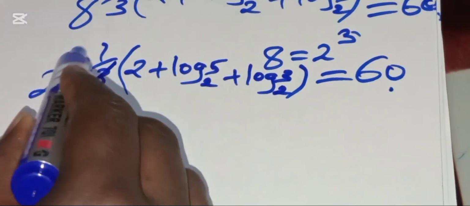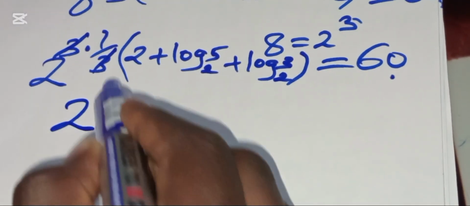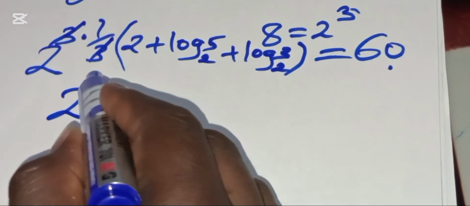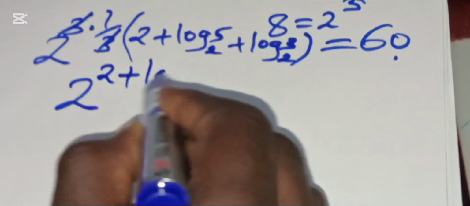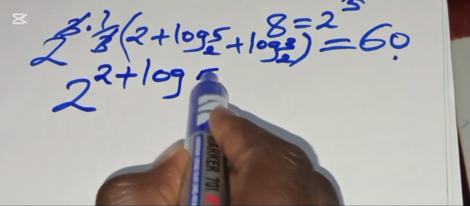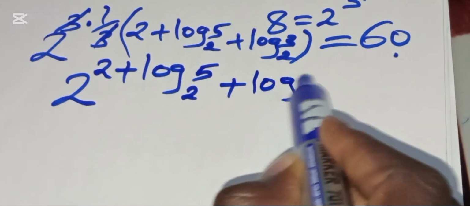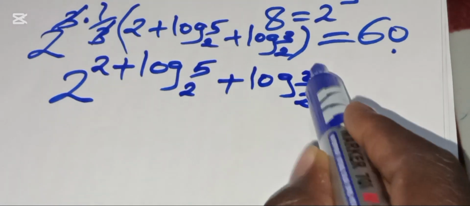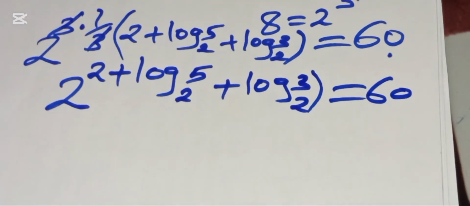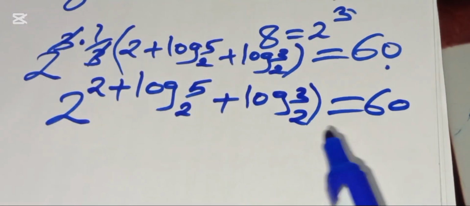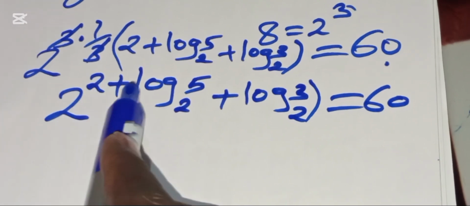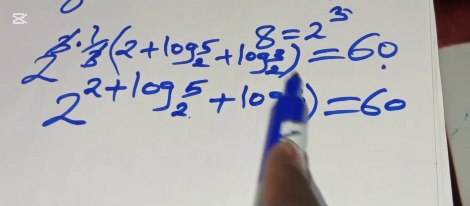Now let's simplify. We'll have 2 raised to power 2 plus log 5 to base 2 plus log 3 to base 2, which is supposed to give us a value of 60.